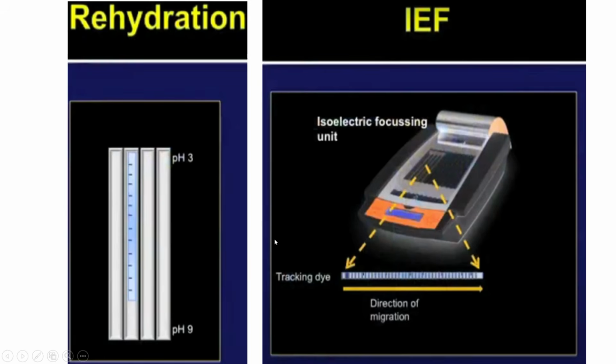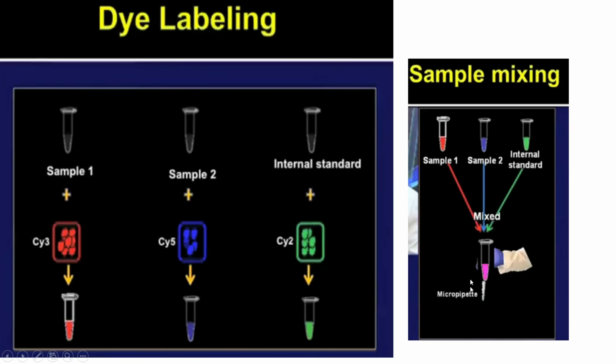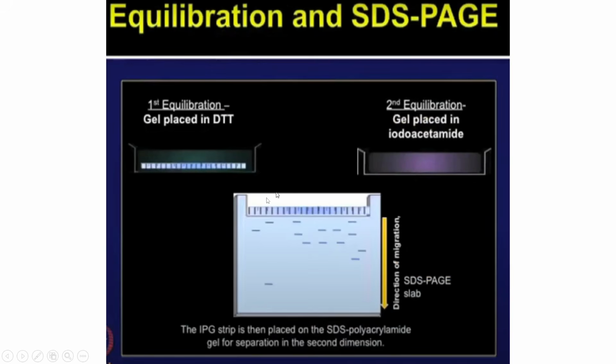As you pooled all three samples together, now you can visualize the sample one gel, the sample two gel, as well as the internal standard gel on the same gel itself. Whatever proteins are present in sample one, whatever proteins are present in sample two, and all of them will be present in your internal standard, you can visualize them in this.